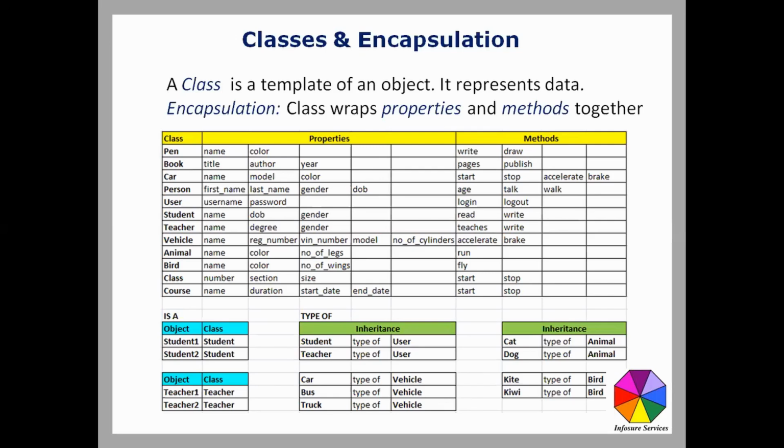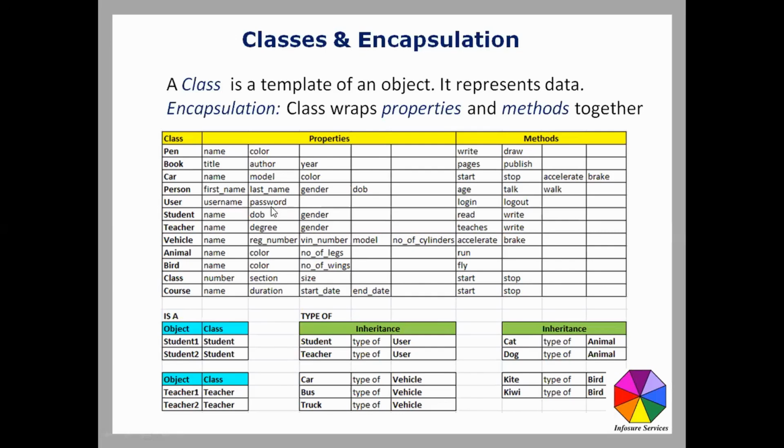Now when you look at creating your own data type, that's when you'll use classes and objects. I have my own data, user. User is my class which I'm creating. What will it have? It'll have username as one property and a password as another property.